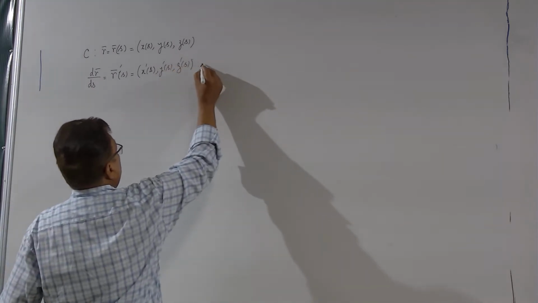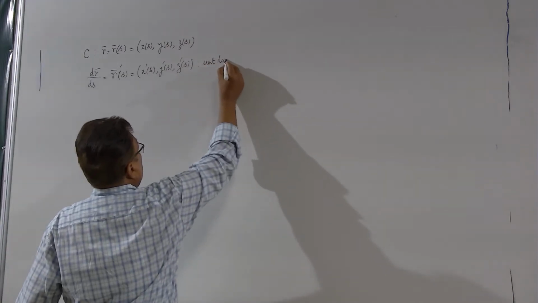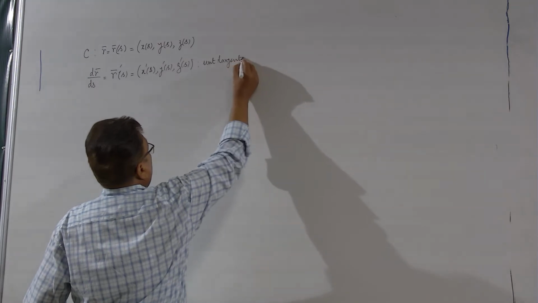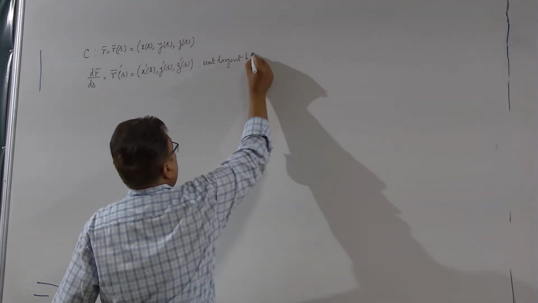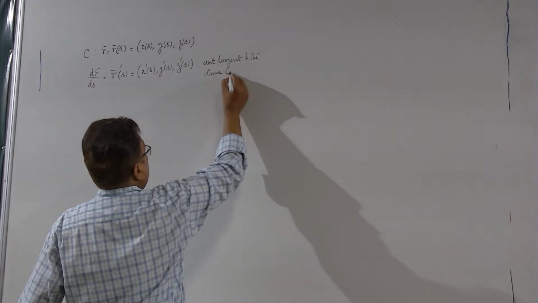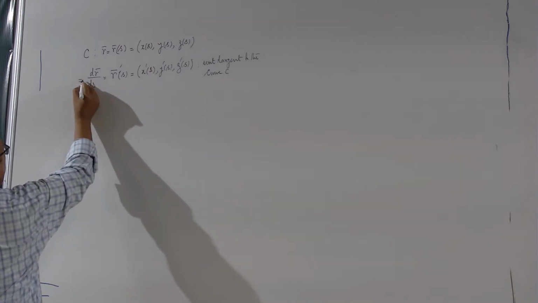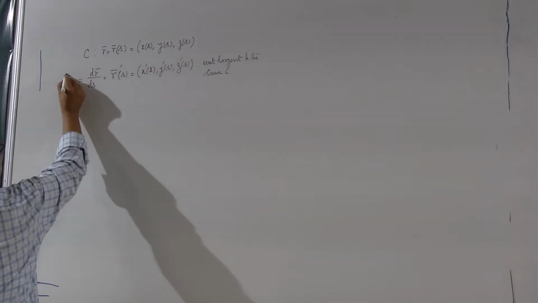So, this is in fact a unit tangent to the curve. And this we usually denote by the symbol T bar.